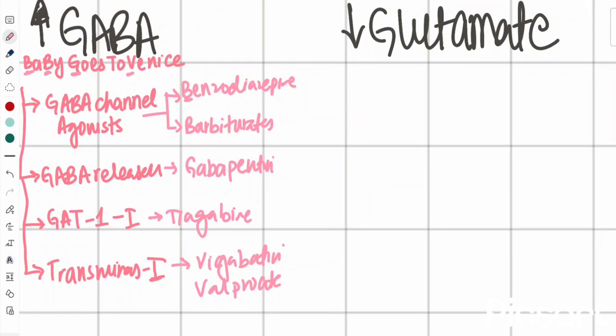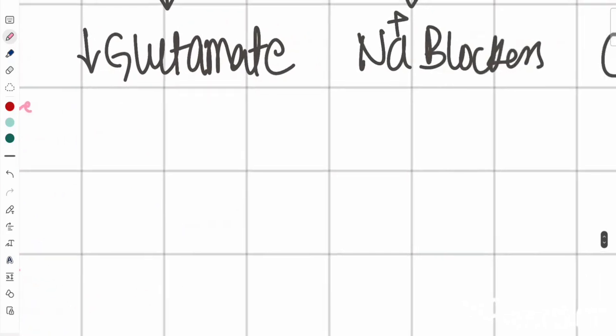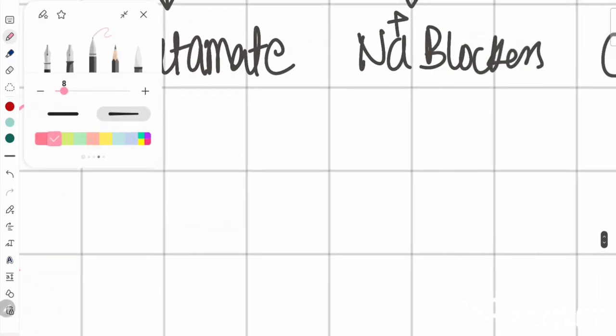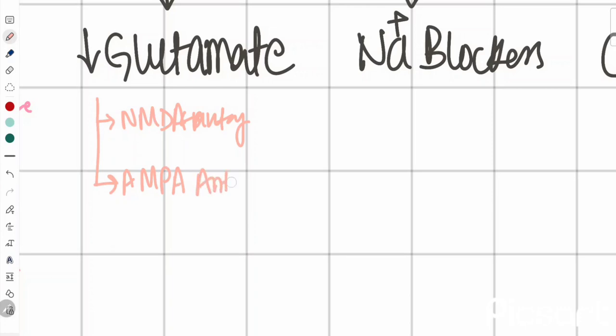We're going to do little details of all of these, but first let's do the rest of the classification. We're going to come back to individual drugs later. Next is to decrease glutamate. We are going to give NMDA antagonists and AMPA antagonists.